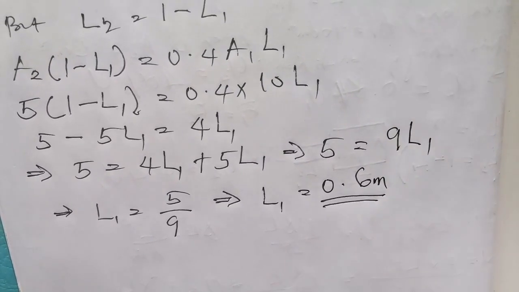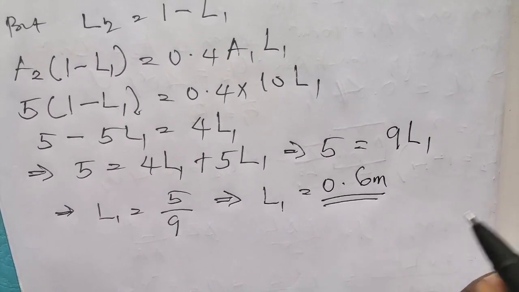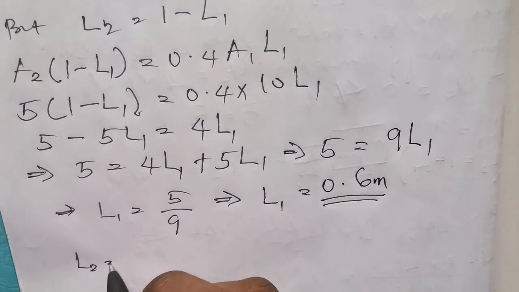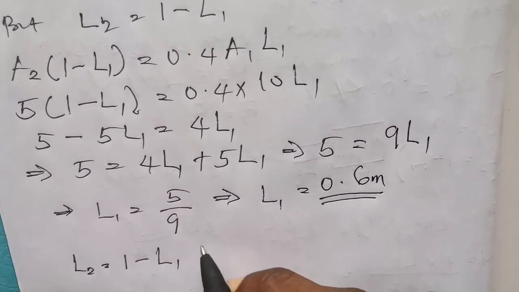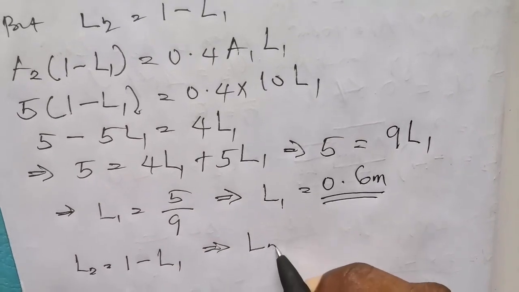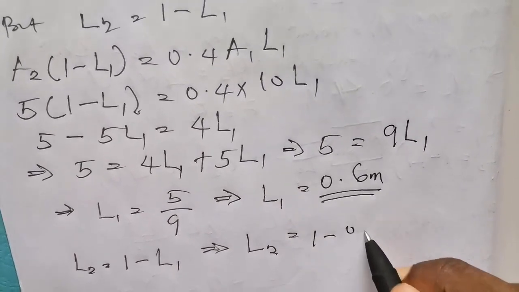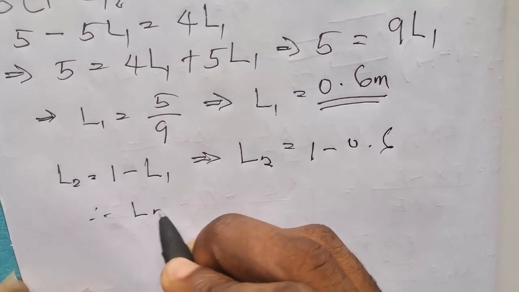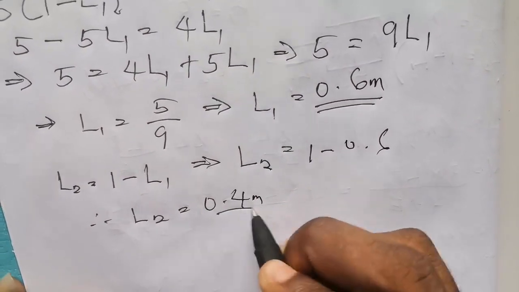And this is what the question is asking us, the length of the portion of 10 centimeter squared area, that's simply 0.6. And remember, we obtained L2 to be equal to 1 minus L1. So the length of the second portion becomes 1 minus 0.6, and therefore L2 is simply equal to 0.4 meters.